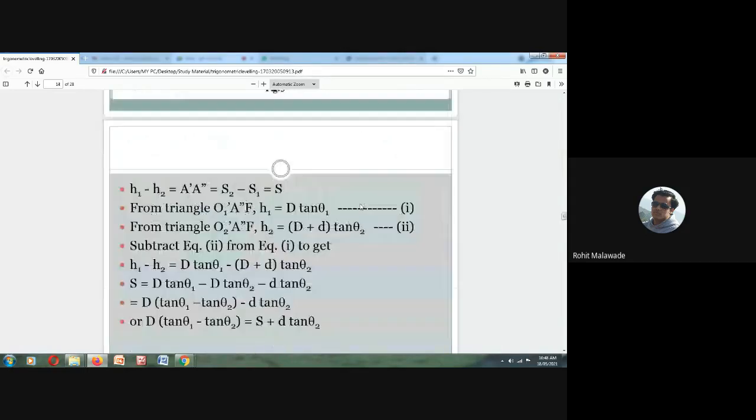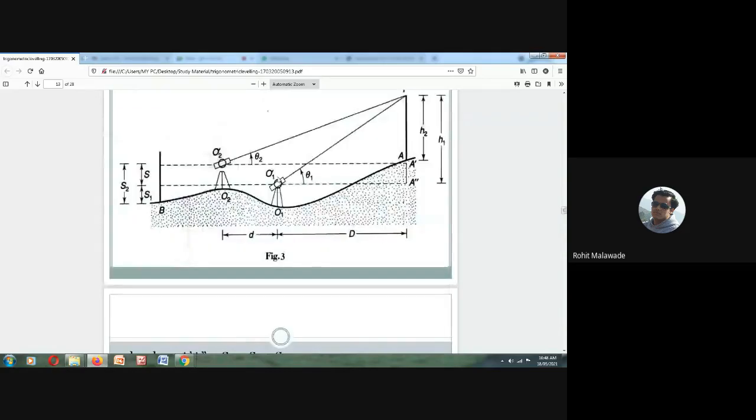So here we will see, in order to read the angle, we will use the same formula and the same procedure as we did previously when using two instrument stations, in order to take down the readings.